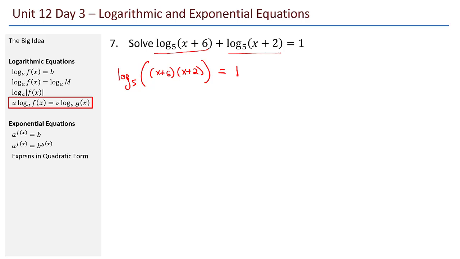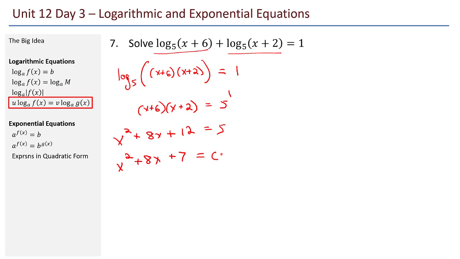Now let's use the previous solution technique where I say this argument, x plus 6 times x plus 2, is 5 raised to the first power. I'll expand the left-hand side, x squared plus 8x plus 12, that equals 5. And we'll subtract 5 from both sides, x squared plus 8x plus 7 equals 0.